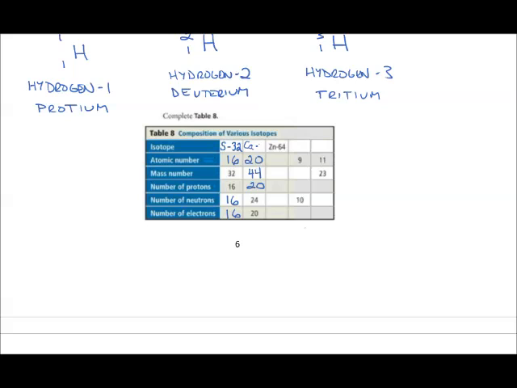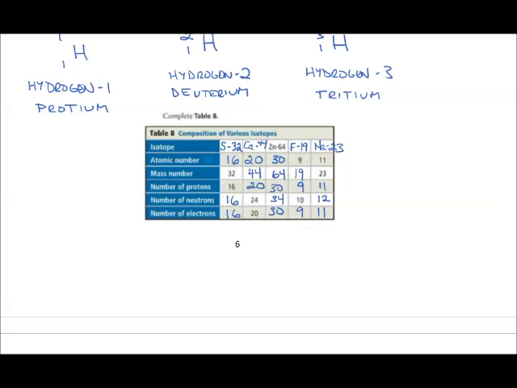And then the dash is for its atomic mass, its mass number. So calcium 44. So go ahead, pause the video, do the next 3, and then come back and check your chart against mine.